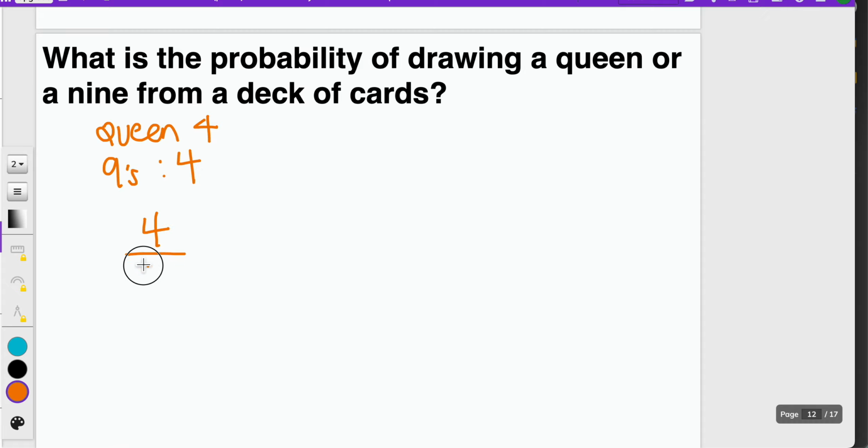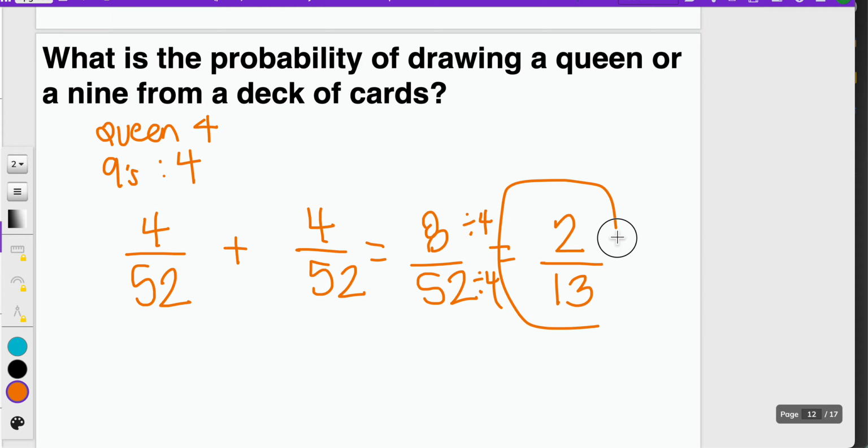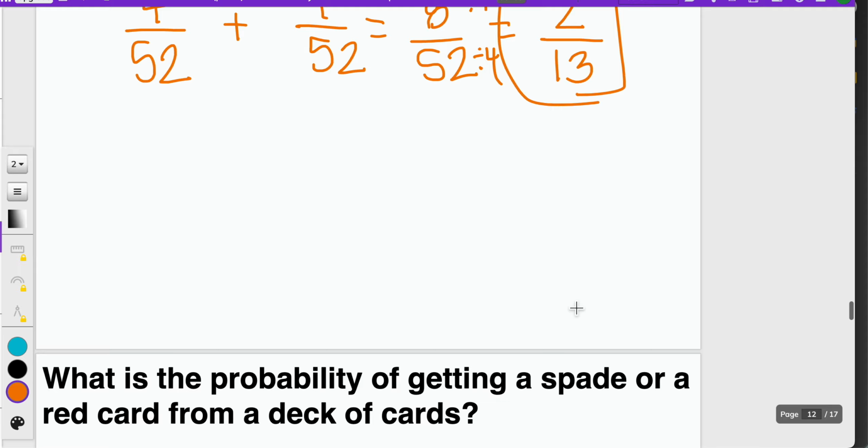So probability of queen, 4 out of 52 total. 9 is a 4 out of 52 total as well. So we get 8 out of 52, which I think we found that one from before, reduces to 2 over 13. So I'm just dividing both of these by 4. Okay, so the big part is just making sure you're simplifying when you're done.